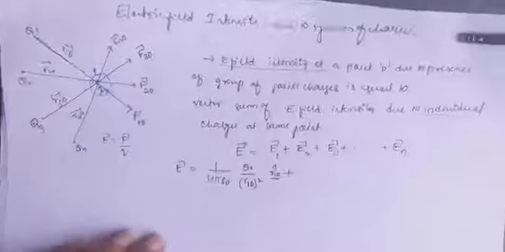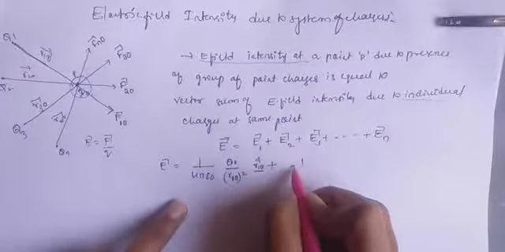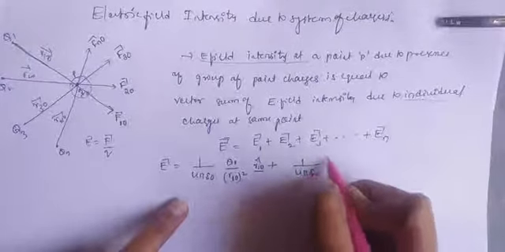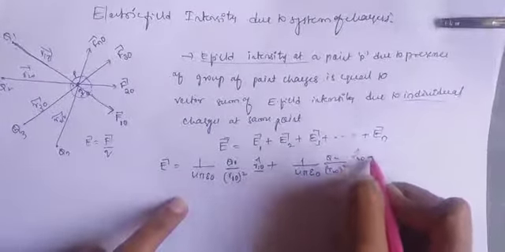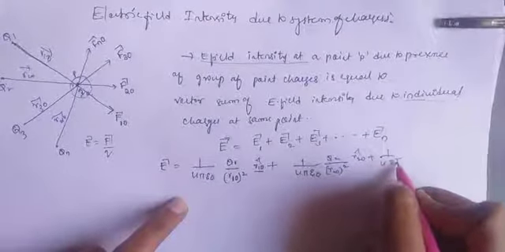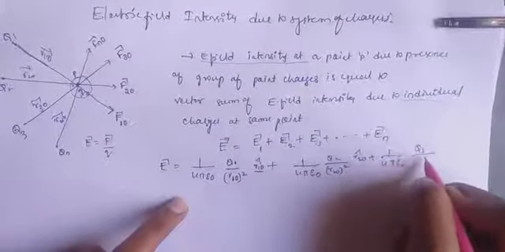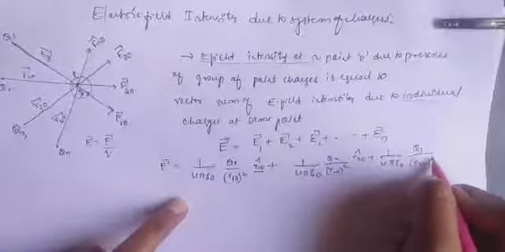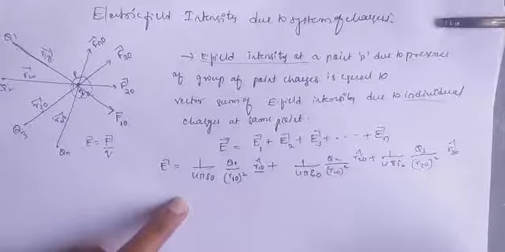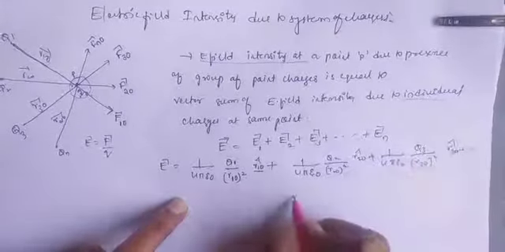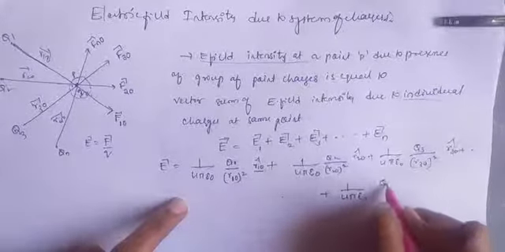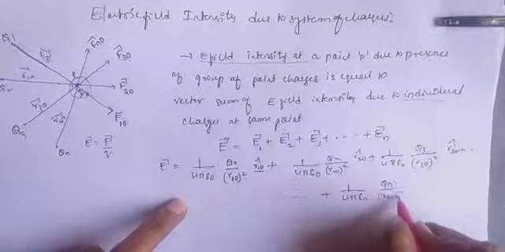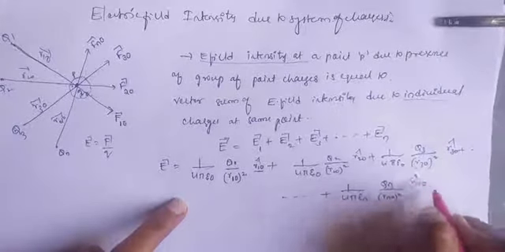Now the second one: 1 by 4 pi epsilon naught, q2 by r20 square, r20 cap. Next, 1 by 4 pi epsilon naught, q3 by r30 square, r30 cap. And so on, 1 by 4 pi epsilon naught, qn by rn0 whole square, rn0 cap.